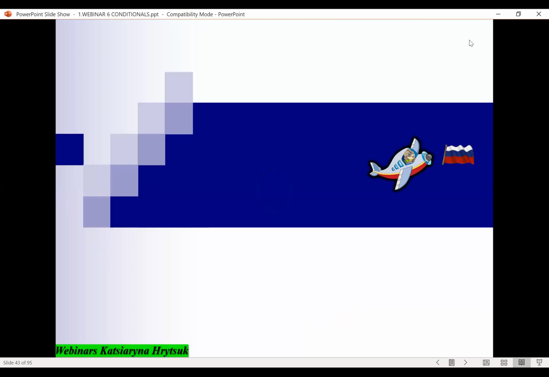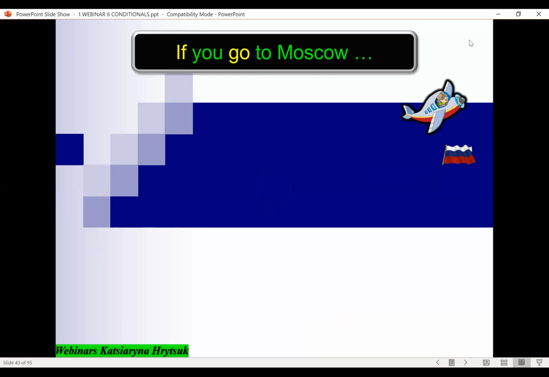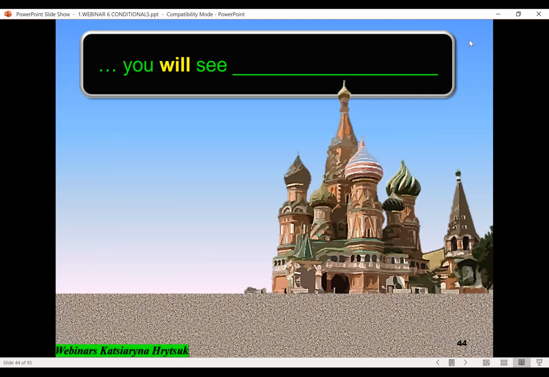Going a bit to the north. So if you go to Moscow, be careful. Emilia. If you go to Moscow, you will see. It's not the Place Rouge. No, it's not the Kremlin.